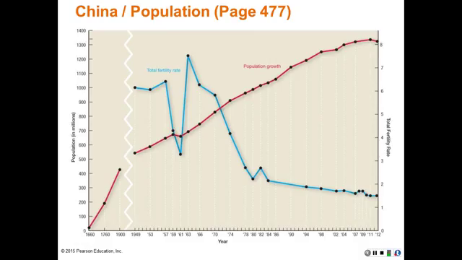The population fertility rate dropped dramatically after that time. And the population, though, continued to grow due to the large numbers of population. It has only recently begun to taper off.